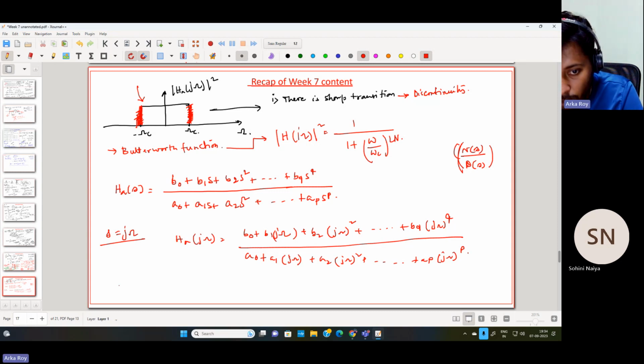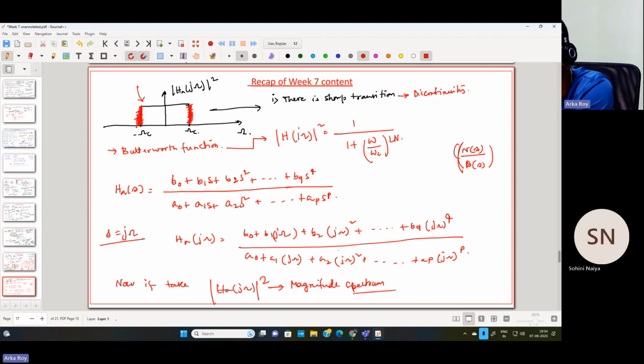But now if I take |H(jω)| squared, this will give me what we call the magnitude spectrum. That means with respect to the frequency values, how the magnitude is changing, I can get the relation from this particular |H(jω)| squared.